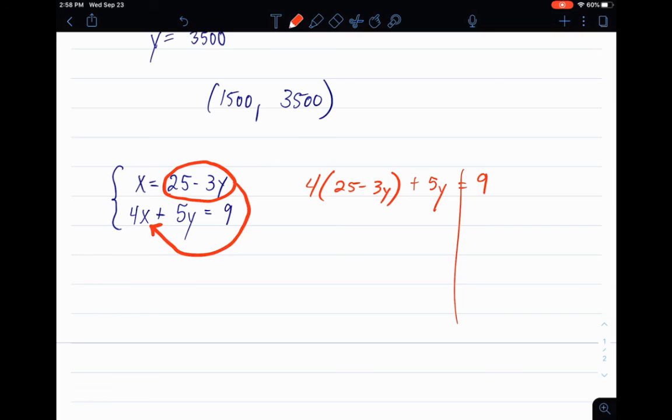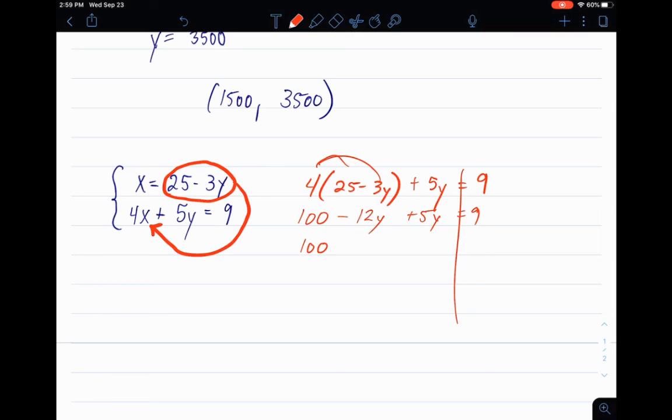Then we're going to solve. So I'm going to distribute. What's 4 times 25? 4 times negative 3y. Then what? Combine like terms.